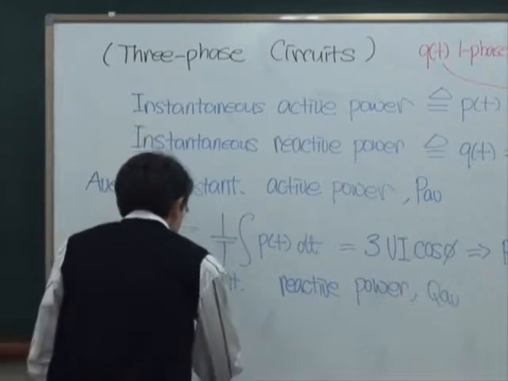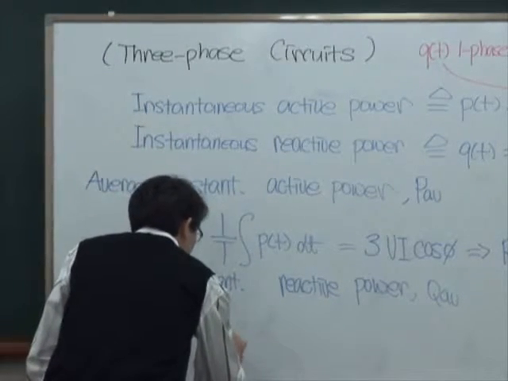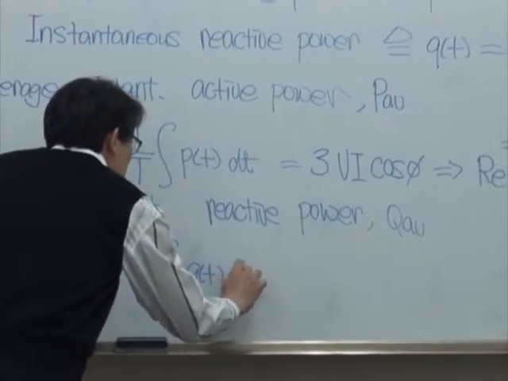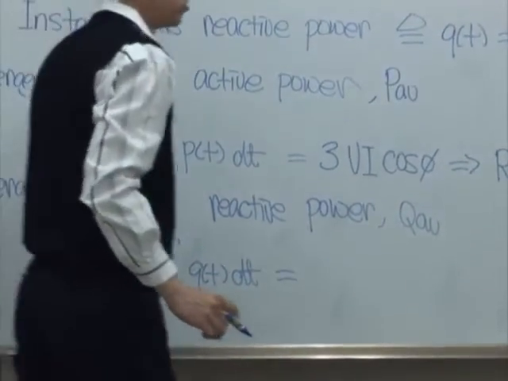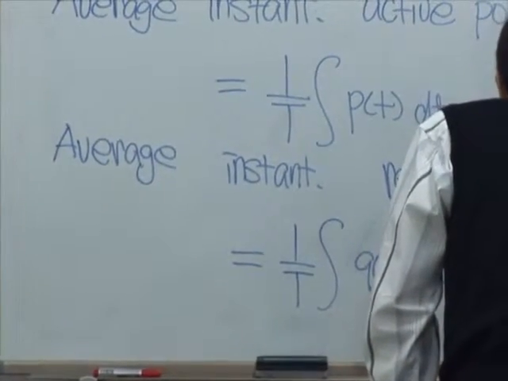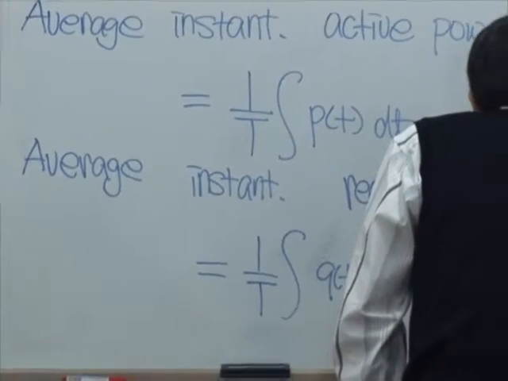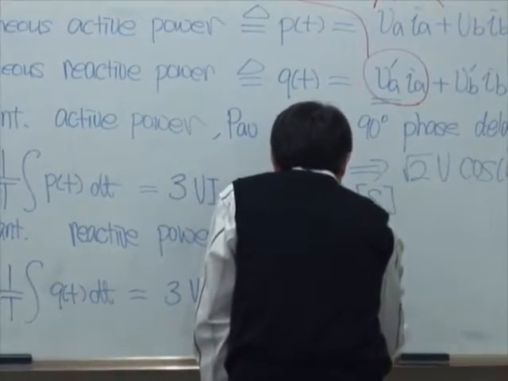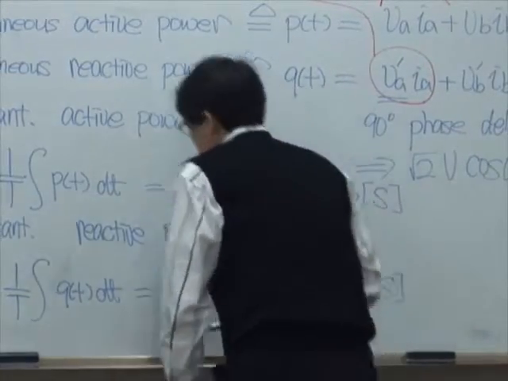And also this we can define in the same manner, integral of Q(t) dt. And once you apply this calculation, you obtain 3VI sine phi, which is same as the imaginary part.